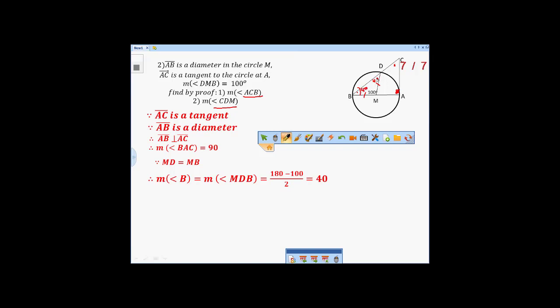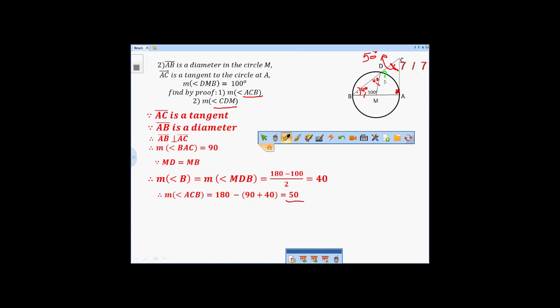Now if I have the measure of this angle 40, I can find the measure of angle C by using triangle CAB. It means 180 minus (90 plus 40), it will be 50 degrees. So the measure of this angle is equal to 50 degrees. Now I wanted to find the measure of angle CDM. CDM, it means this angle.